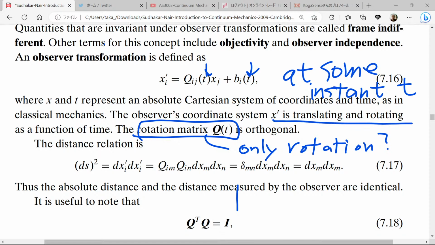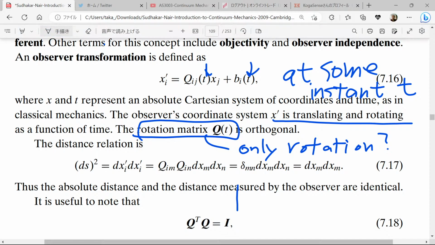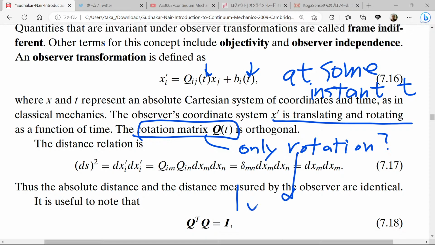We don't consider other things here, like spatial deformation. Yes, only rotation. So that means no deformation.